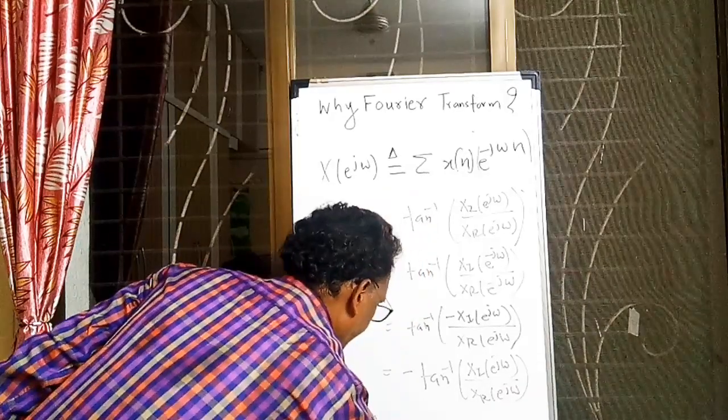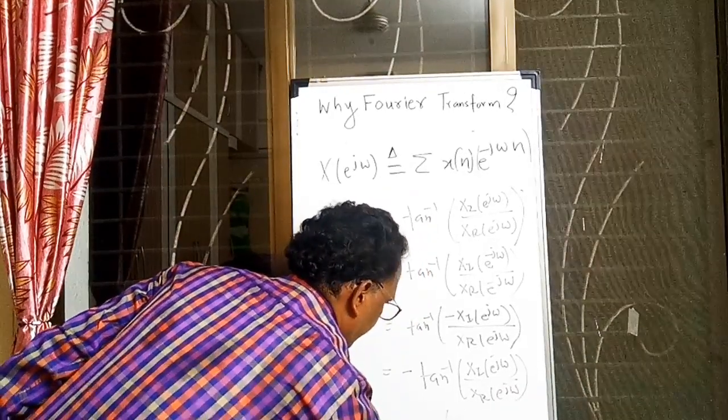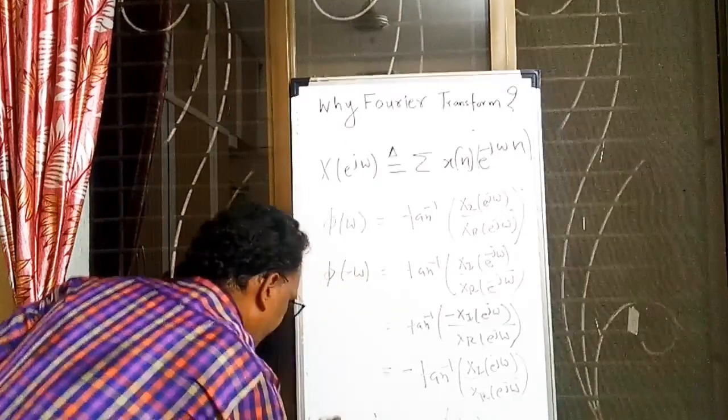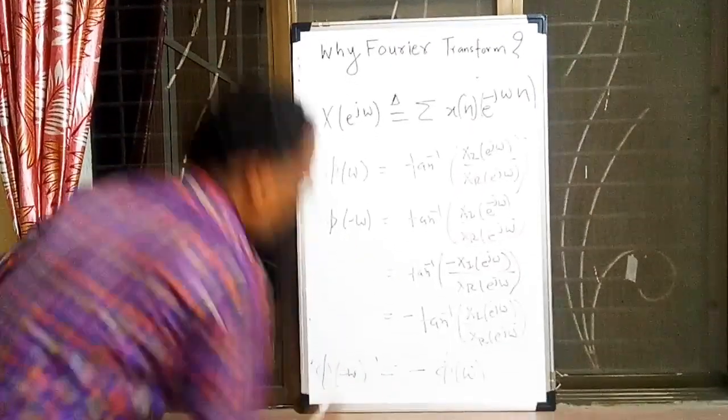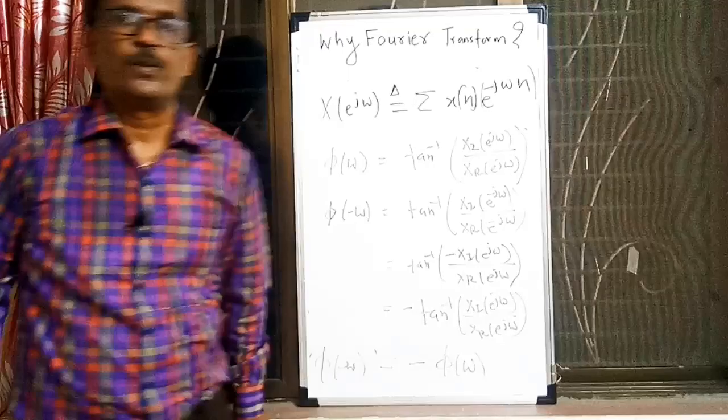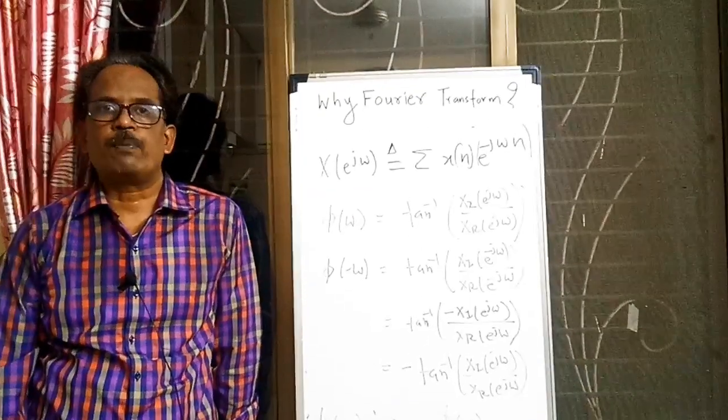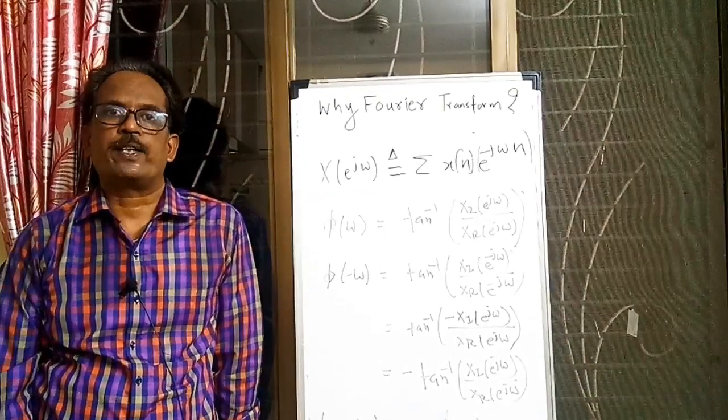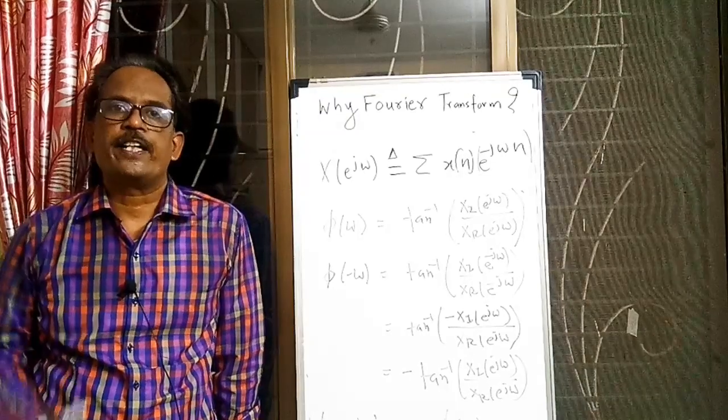So we can say that phi of minus omega is equal to minus of phi omega. So it means that the phase of the Fourier transform is always anti-symmetric.